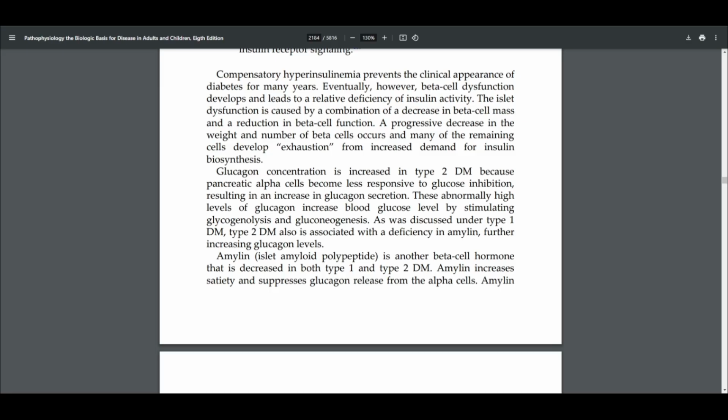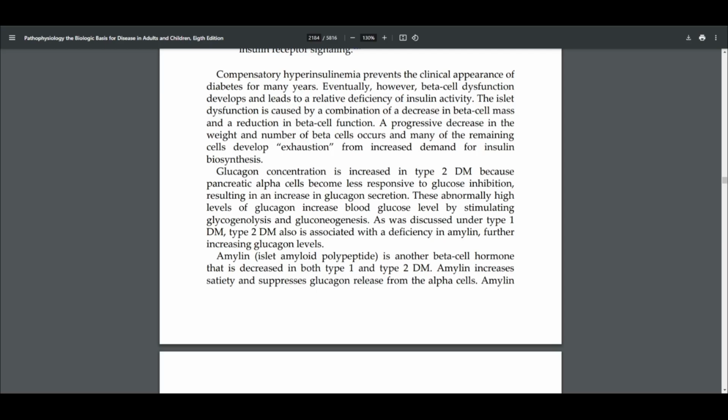The islet dysfunction is caused by a combination of a decrease in beta cell mass and reduction in beta cell function. A progressive decrease in the weight and number of beta cells occurs, and many of the remaining cells develop exhaustion from increased demand for insulin biosynthesis.